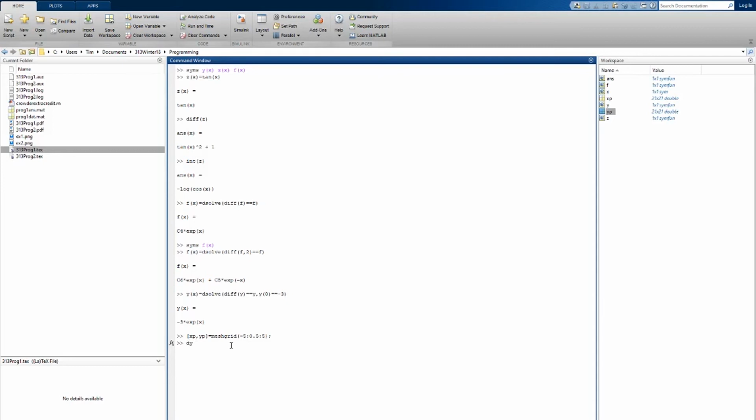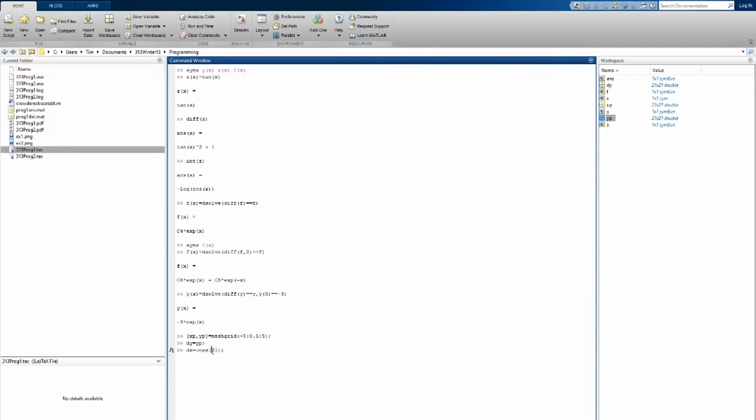We set dy equal to yp, all right? Because yp is the y values, and dx is going to be equal to ones(21). So the whole point of this, ones creates a matrix where every value is 1. And I want that dx function to be equal to 1 everywhere in the grid.